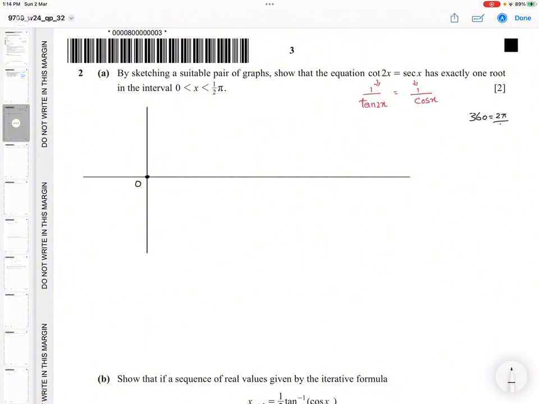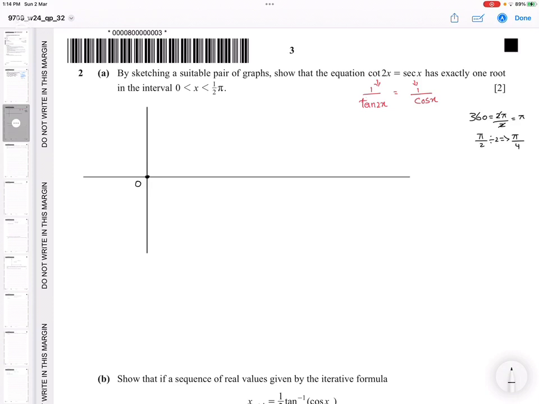So 2 pi divided by 2 means our interval will end up to pi. But we will look at the sketch from 0 to pi by 2. Pi by 2 is 90 degree. So you also divide 90 by 2, means pi by 2 divided by 2. So this gives you pi by 4.